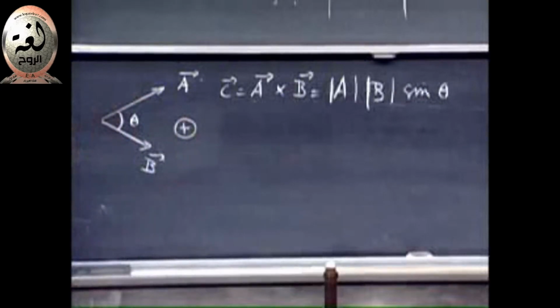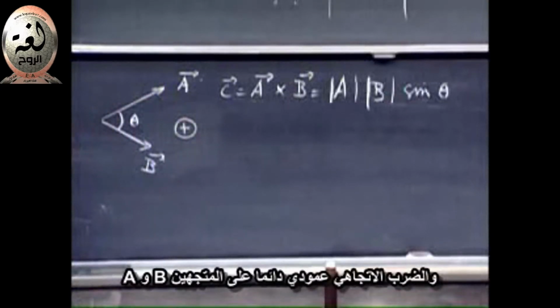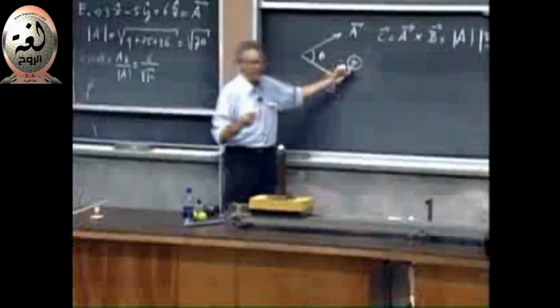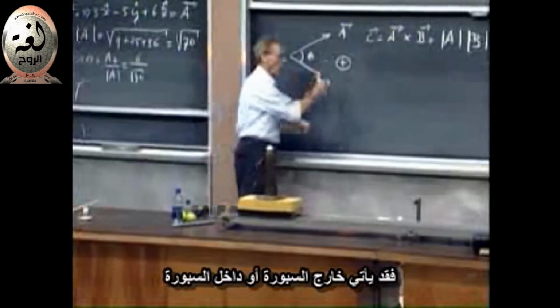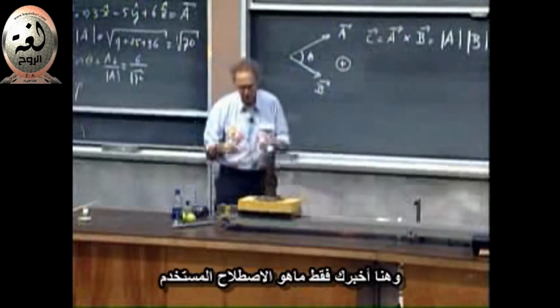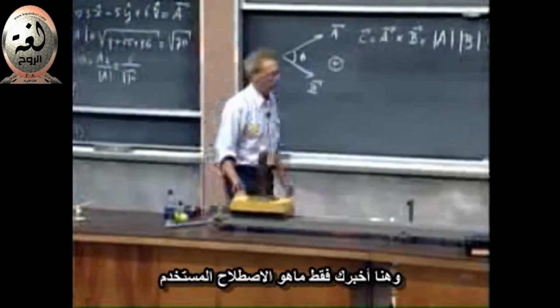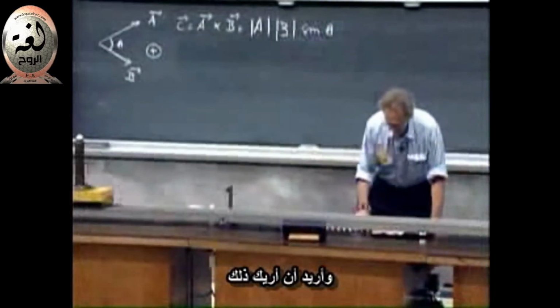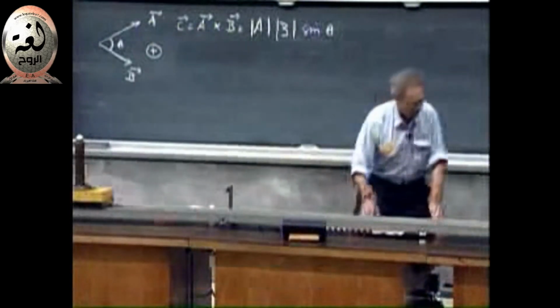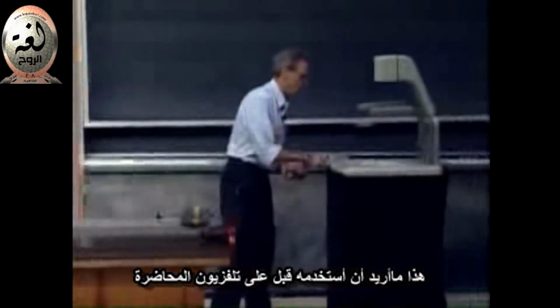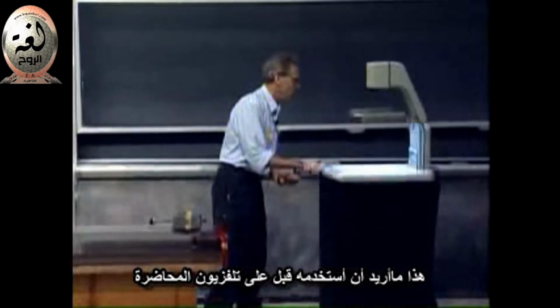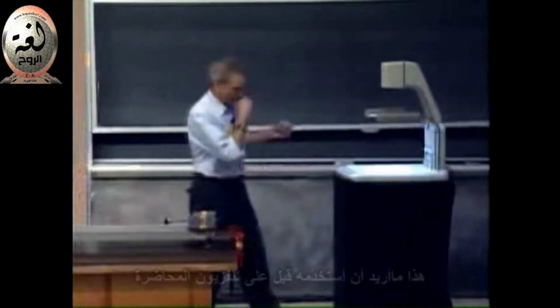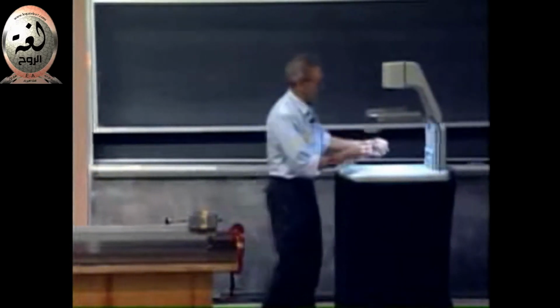A cross product is always perpendicular to both A and B. But it leaves you with two choices. It can either come out of the blackboard or it can go in the blackboard. And I just told you which convention to use. And I want to show that to you in a way that may appeal to you more. This is what I have used before on my television help sessions that I've given at MIT.